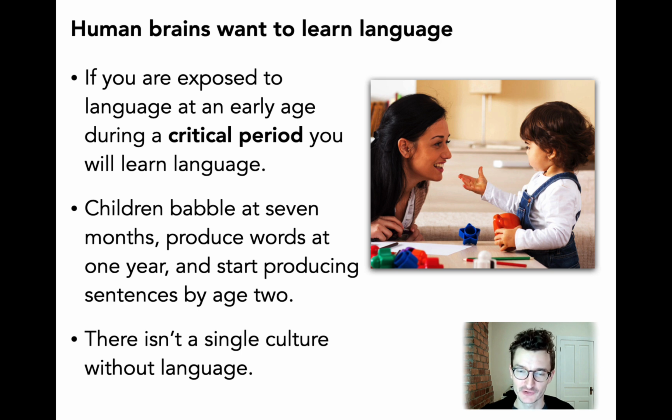There's some innate circuitry there that allows us to very, very quickly learn this very, very complex thing. And as we've discussed earlier on in the course, this can't be explained through, for instance, conditioning or learned associations. There's something more here, because children are often producing sentences they've never heard an adult produce before.